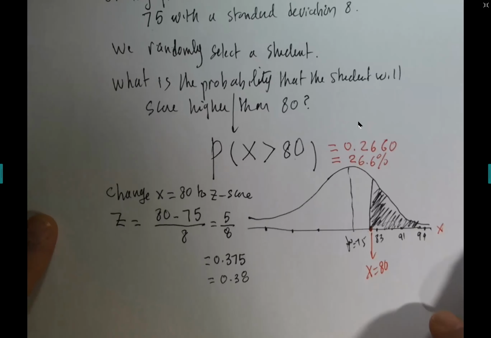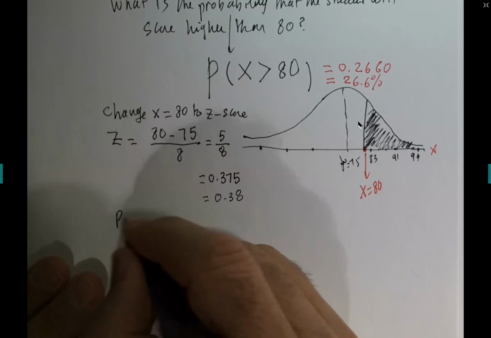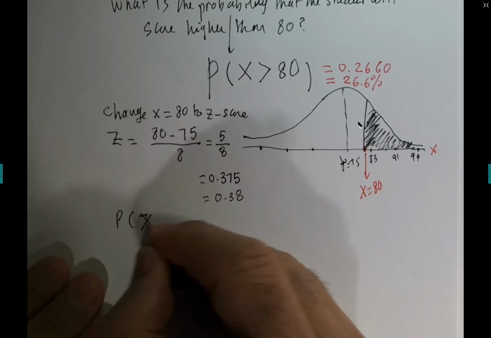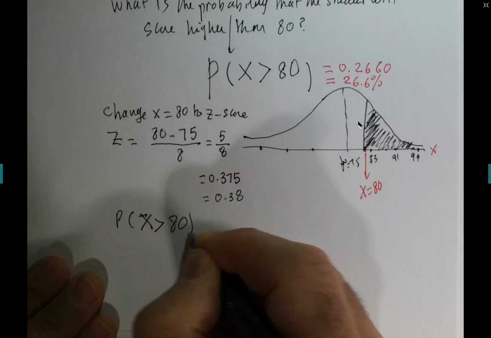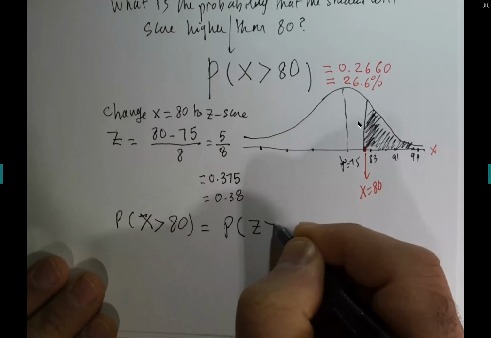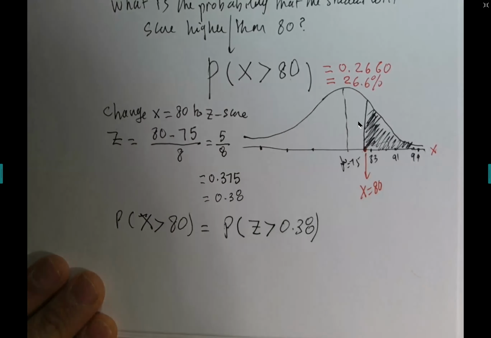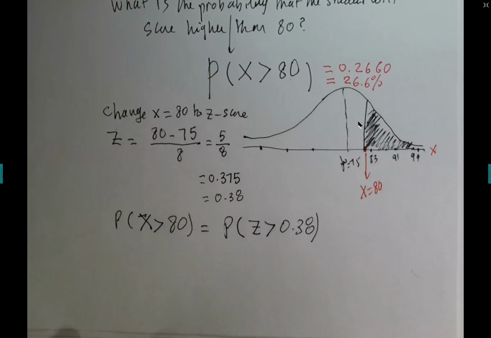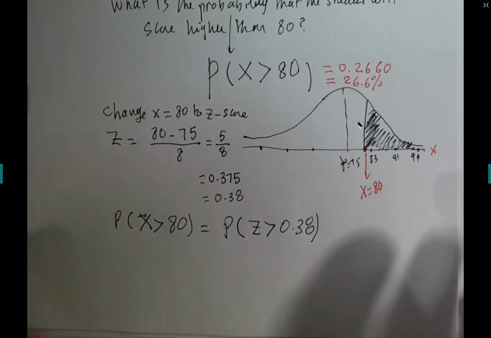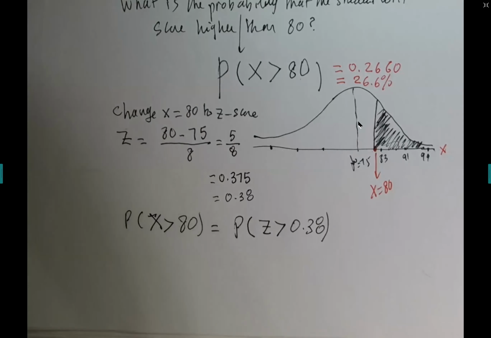My question will change from finding the probability of X more than 80 to a Z question. It will be the probability of Z bigger than 0.38. I'm not saying that you have to do it this way, but this is another way. I'm not going to show this too many times, just a few times, but I will be focusing mainly on the TI84.